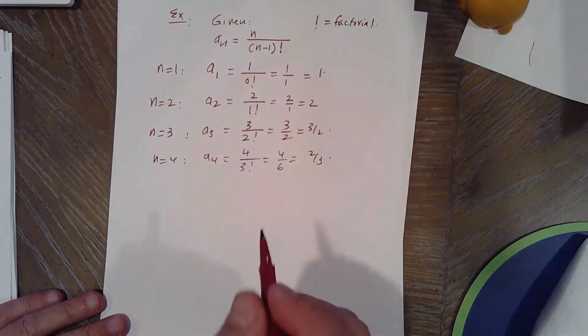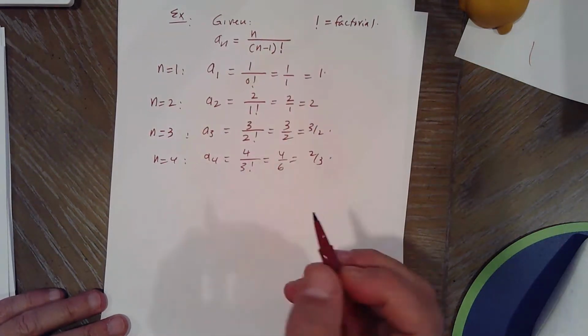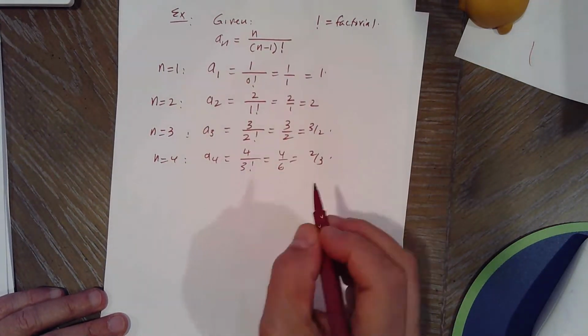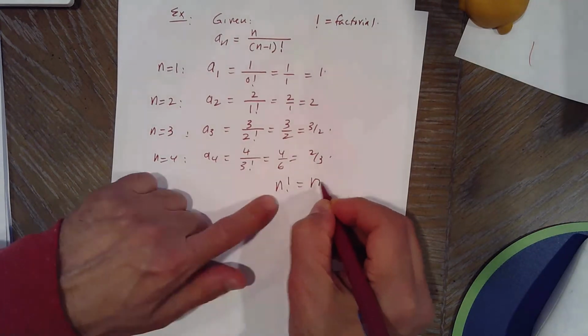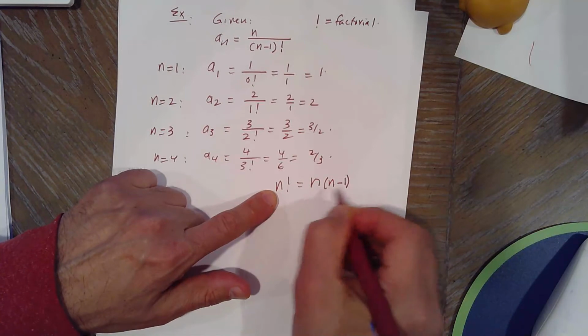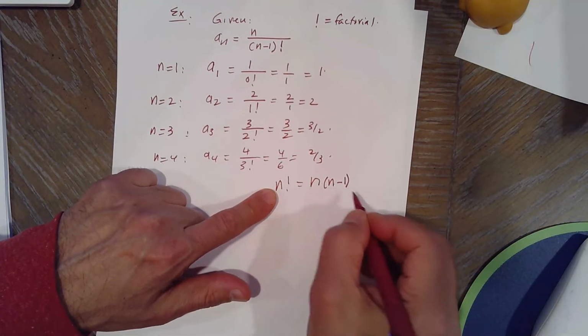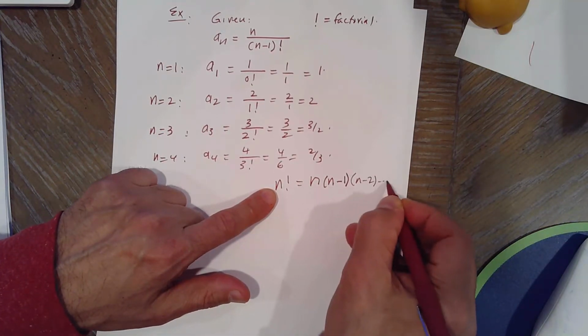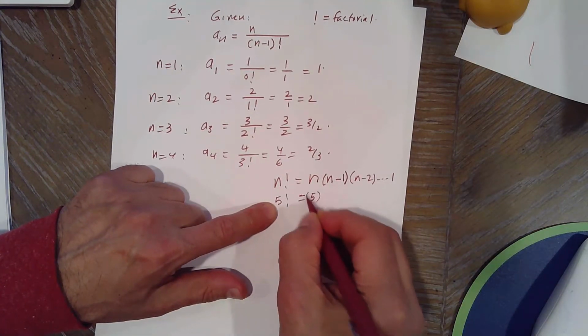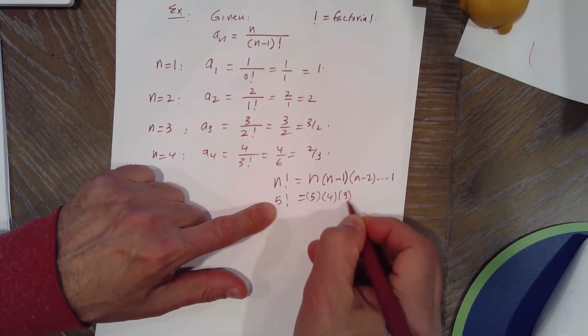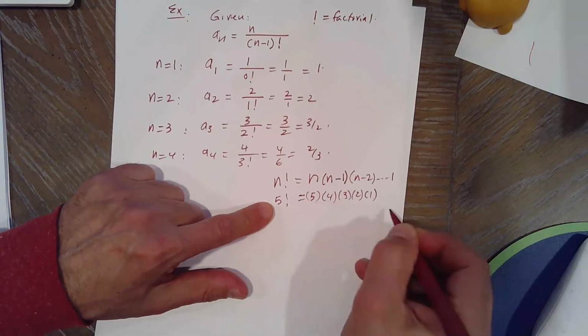Also, just to remind you what a factorial means, if you want to find n factorial, you start with n, times it by the one below it, and then the one below that until you reach 1. Like 5 factorial, you start with 5, and then 1 less, 1 less, 1 less until you reach 1, and you multiply them together.